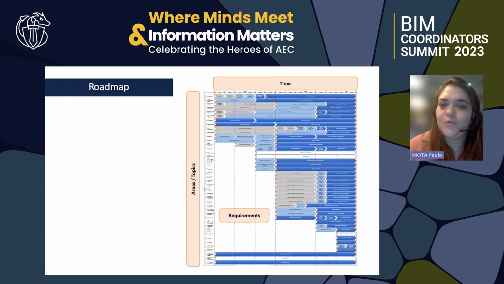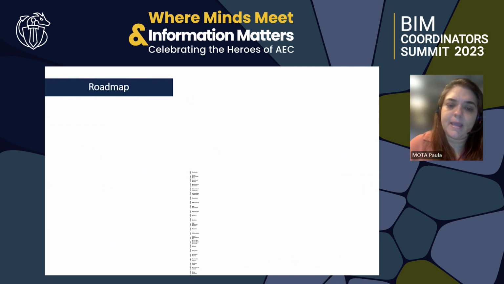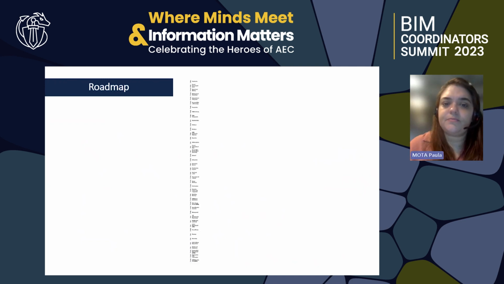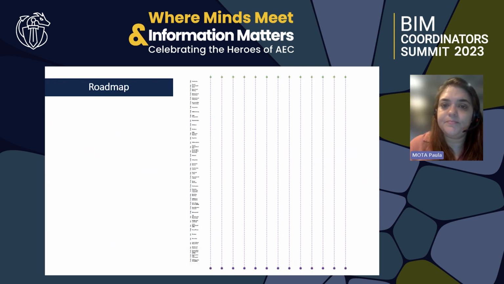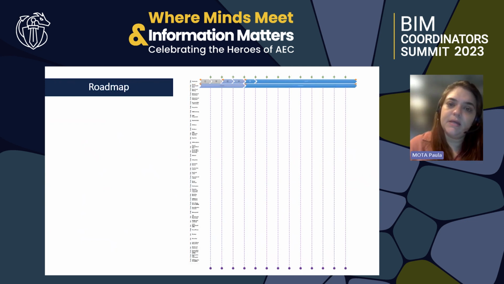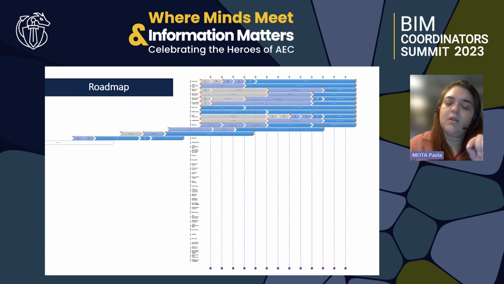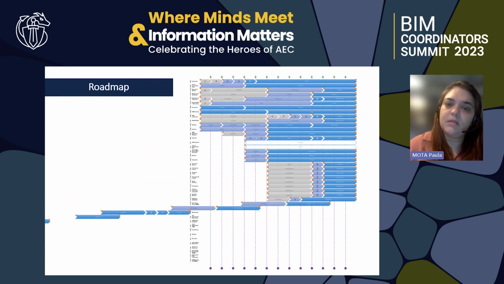Just so you understand, when I create this roadmap, I start with the areas and the topics, and then I come up with the time, and then start to create the line for each topic, the line of requirements that we need. The color means something as well. If it's gray, it's from stage 0 to 1.